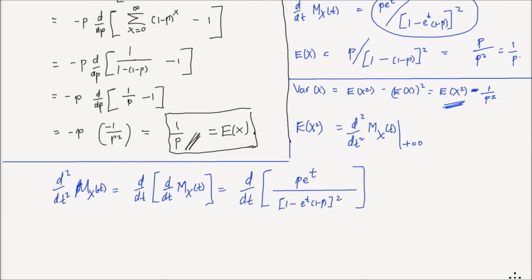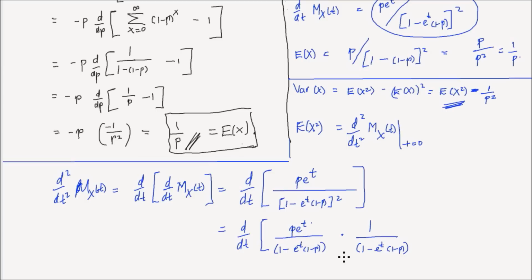Now, this is equal to the derivative with respect to t of p times e to the t divided by 1 minus e to the t times 1 minus p, times 1 over 1 minus e to the t times 1 minus p.